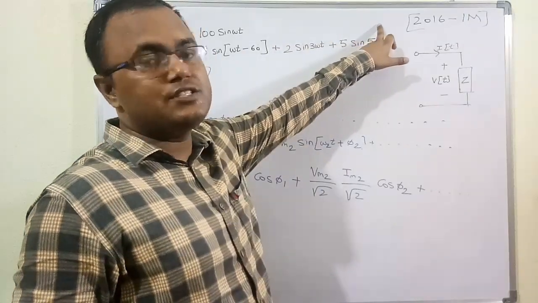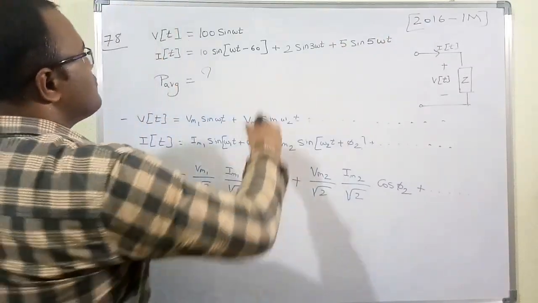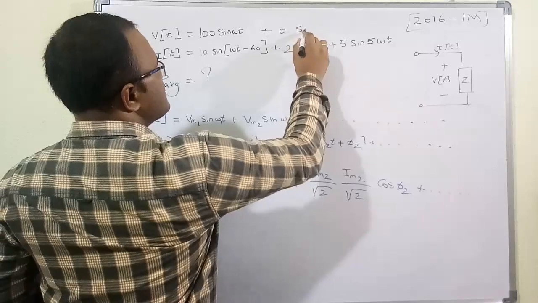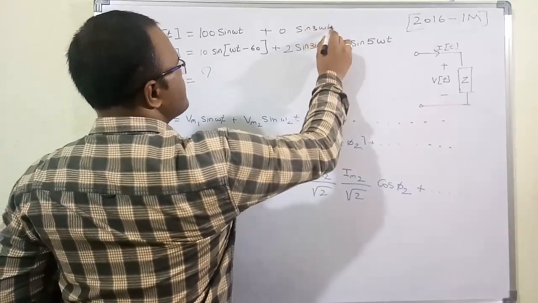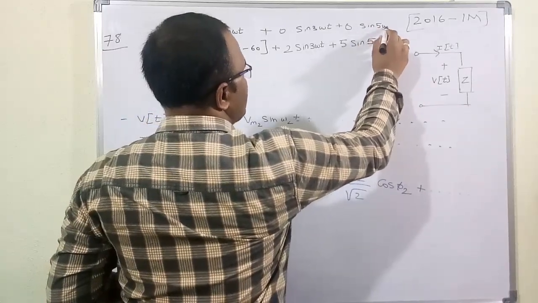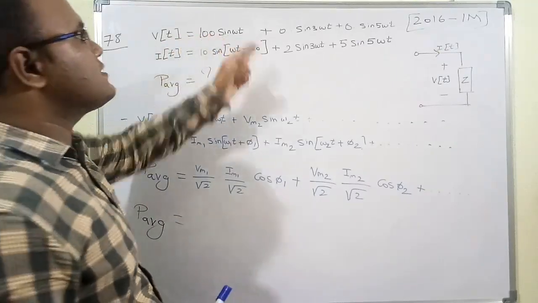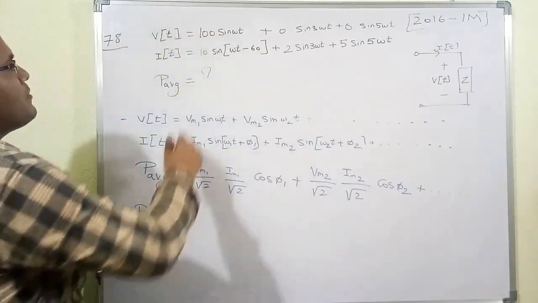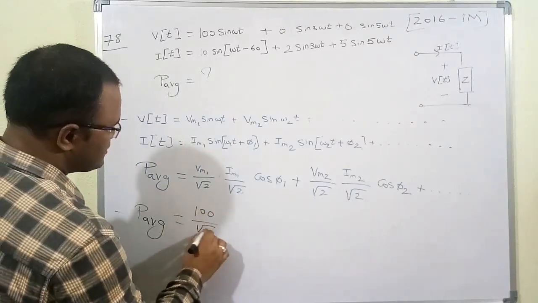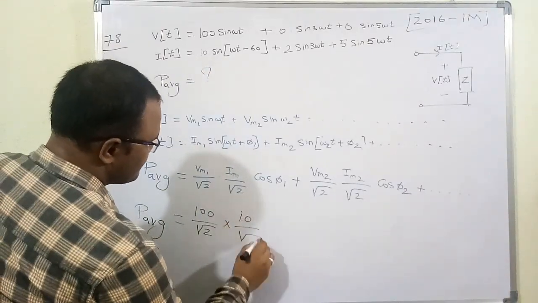There are no terms like sin 3 omega t and sin 5 omega t, so we can assume 0 into sin 3 omega t plus 0 into sin 5 omega t. Finally it is 100 sin omega t. By using this formula, we get 100 by root 2, the RMS of the first signal, into 10 by root 2, the RMS of the current.